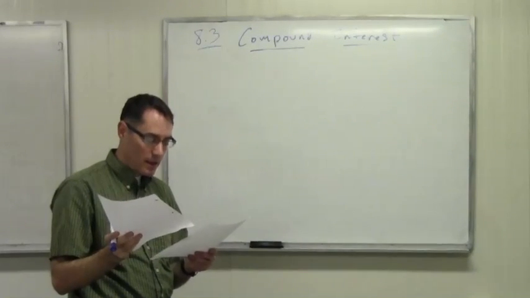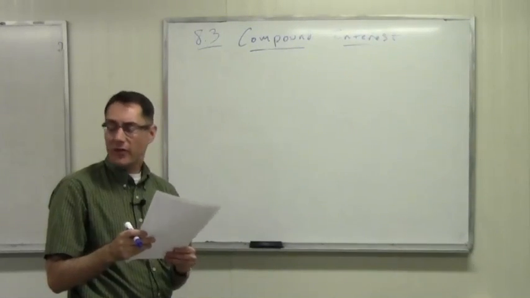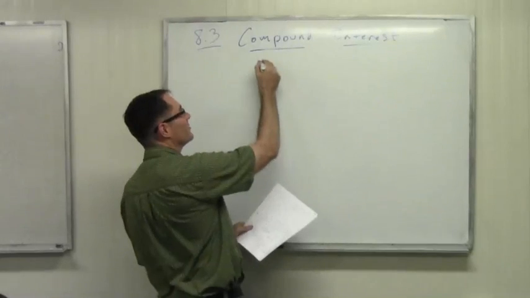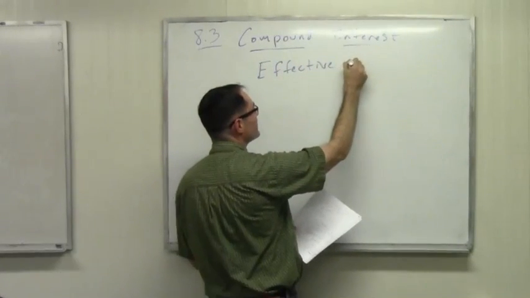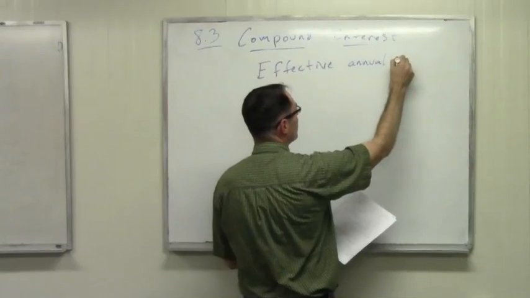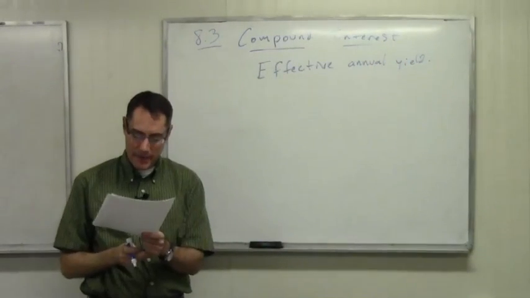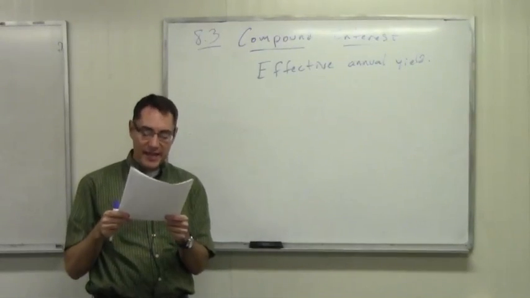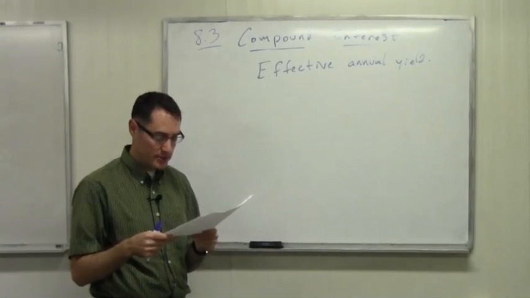So let's do one other thing here. There's another thing called the effective annual yield. Here's what this means. The effective annual yield is the simple interest rate that gives you the same result as the compound rate you just used.